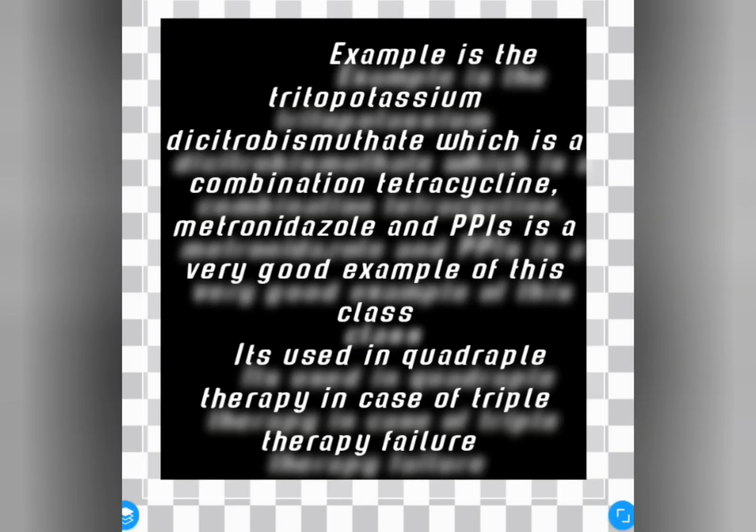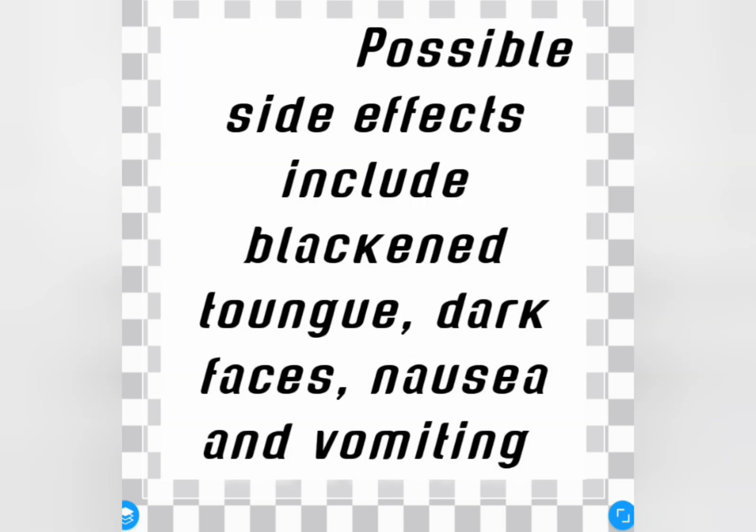Tripotassium dicitrato bismuthate, which is a combination of tetracycline, metronidazole, and PPIs, is a very good example of this class. It is used in quadruple therapy in case of triple therapy resistance. Possible side effects include nausea, vomiting, blackened tongue, dark feces.